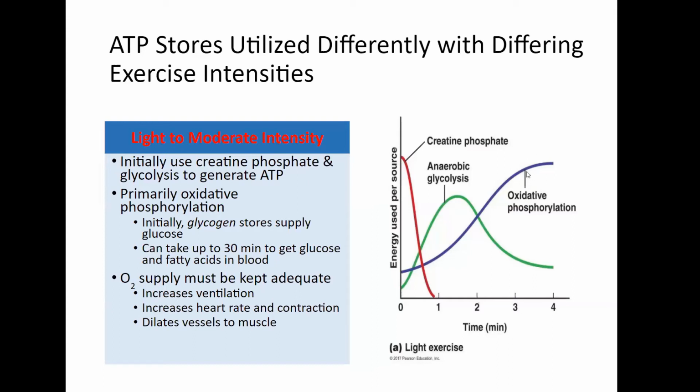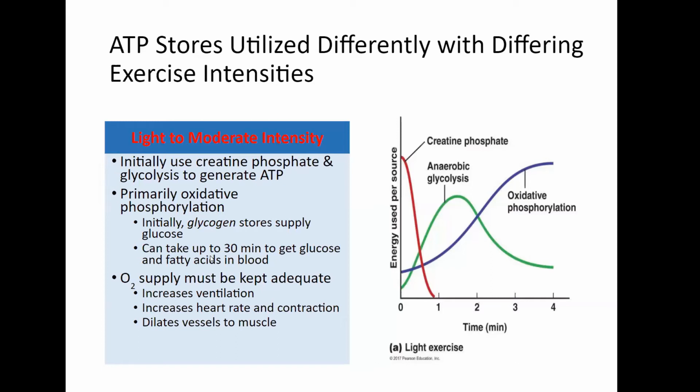The thing about oxidative phosphorylation is you have to keep your O2 supplies adequate here. So you have to breathe harder. You have to increase your heart rate, right? You need to breathe harder to get the oxygen in the blood, and then you also need to get that blood around faster to the muscles. So we're going to be increasing the heart rate. We're going to be increasing the power of those contractions.